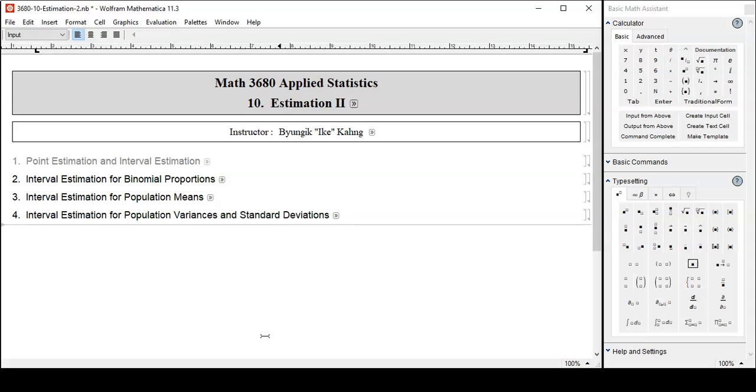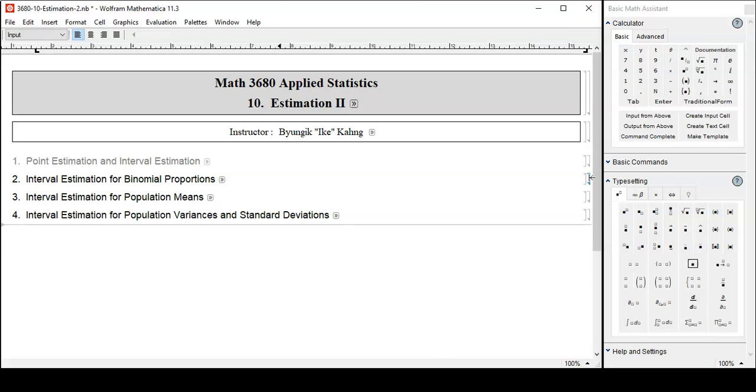So that's something we're going to start first. And then the next, for population mean, where we have relatively small sample size, we have to do some further adjustment. That's section 3. And then after all those are done, we're going to do a separate new interval estimation for standard deviations. And that's section 4.